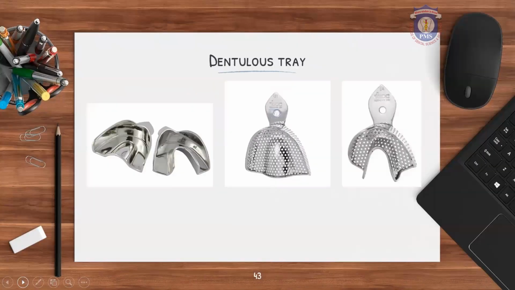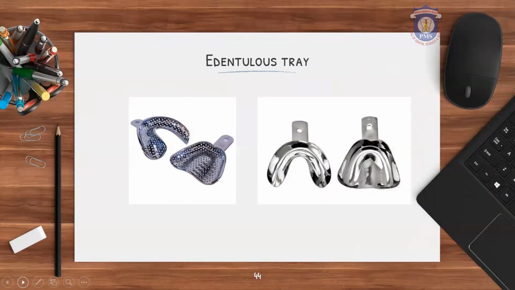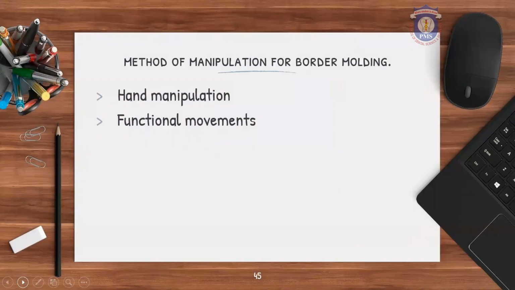These are dentate trays, dentulous trays, edentulous trays. Based on the method of manipulation for border molding, they can be classified into hand manipulation and functional movements.